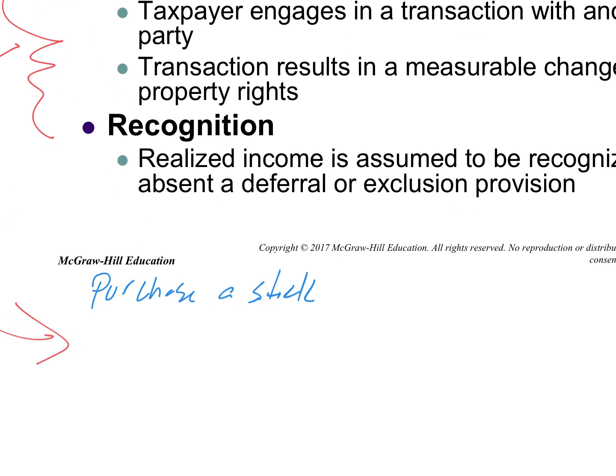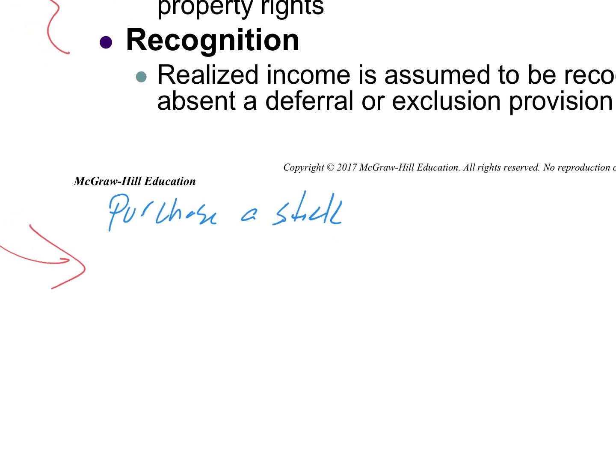Let's say I purchase IBM stock, and to keep this really clean, I purchase it on January 1 for $10, and we're going to assume I purchased 1 share of stock.